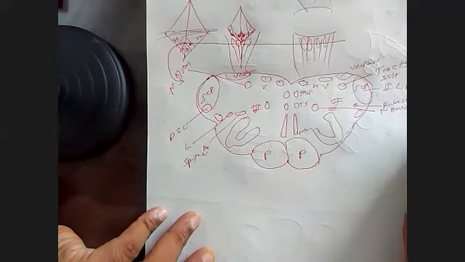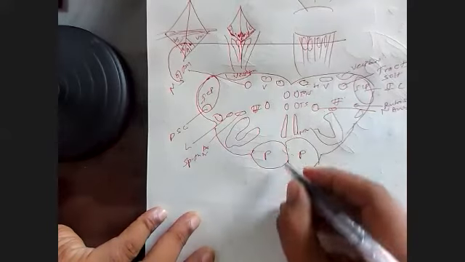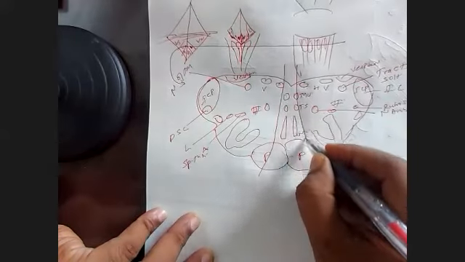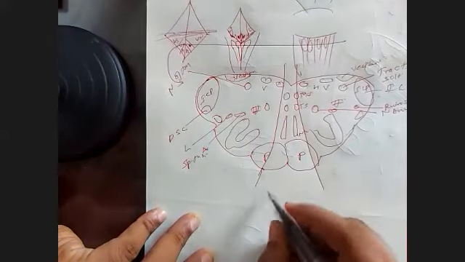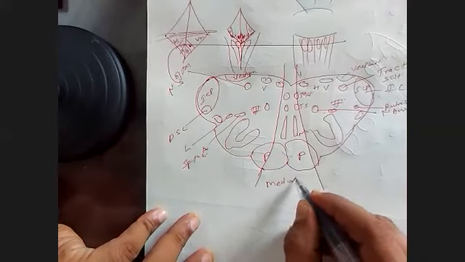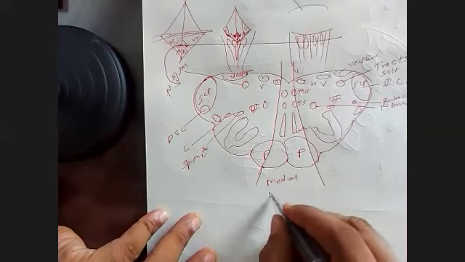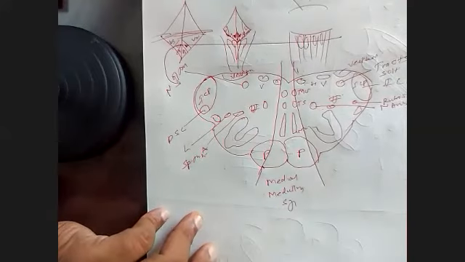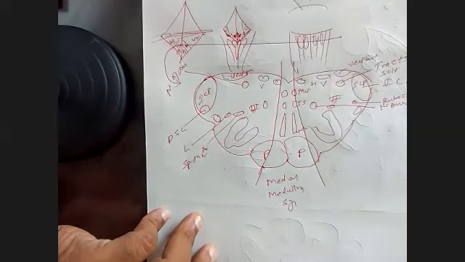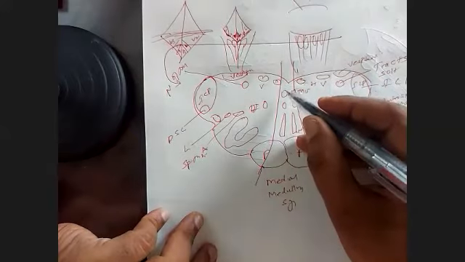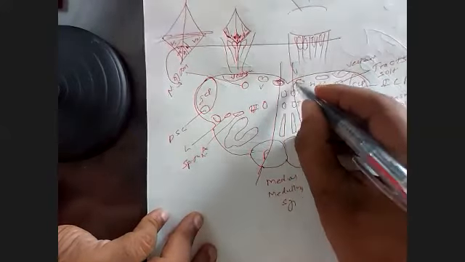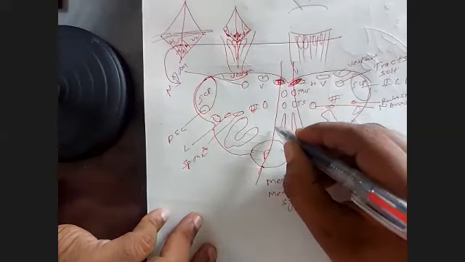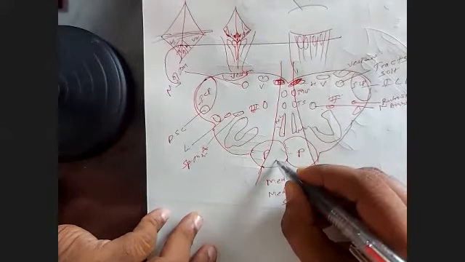If there is a midline lesion, it is called medial medullary syndrome. What happens in medial medullary syndrome is that these midline structures will be affected: the hypoglossal nucleus, the medial lemniscus, and the pyramidal tract.